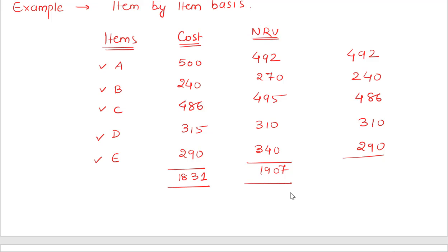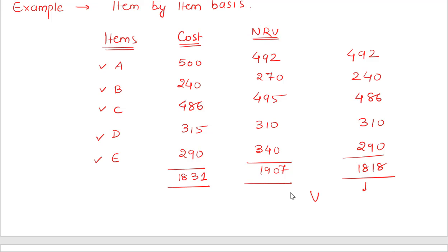Let us do a quick total of it. 492 plus 240 plus 486 plus 310 plus 290 equals 1818.